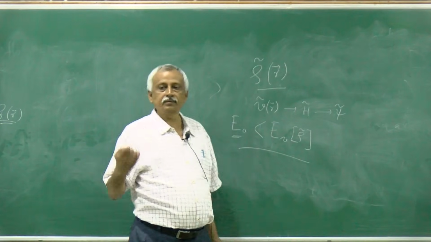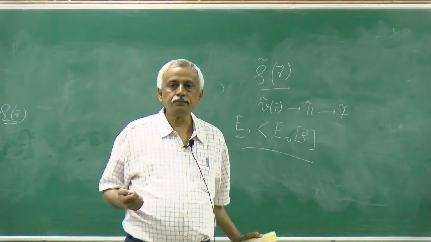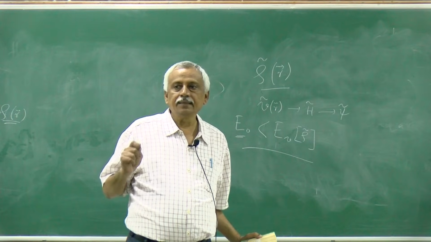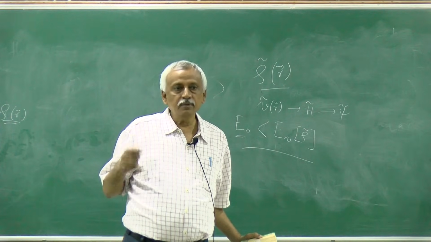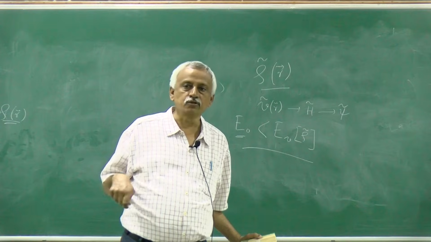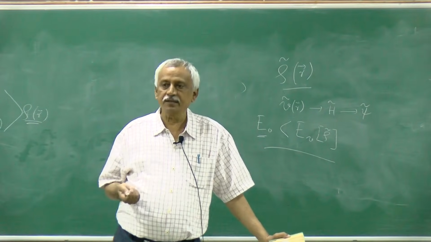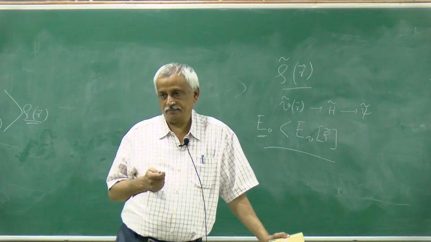So the second Hohenberg-Kohn theorem tells you that any trial density you test would give you some energy which would always be greater than or equal to the exact ground state energy. That means it is providing you some kind of variational recipe for obtaining the density.